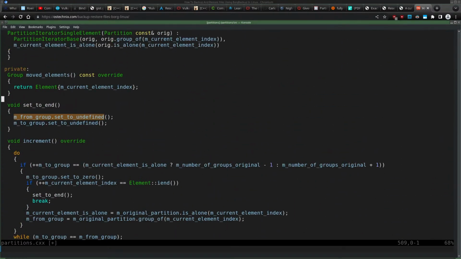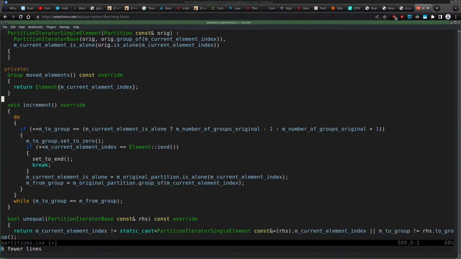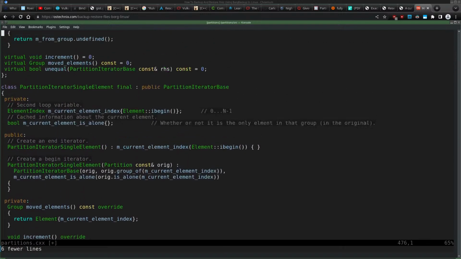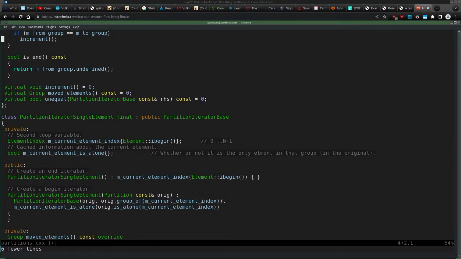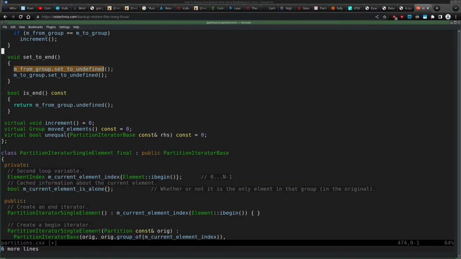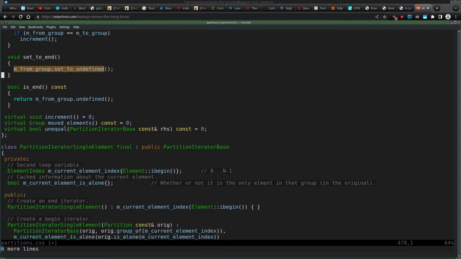But this then has to be a member of the base class, so we can both access it. You see that this was the right decision, because now we have these functions together. Set to end does this, and is end checks just the from group. I might as well just remove this now. I mean, you see, it's only checking the from group.